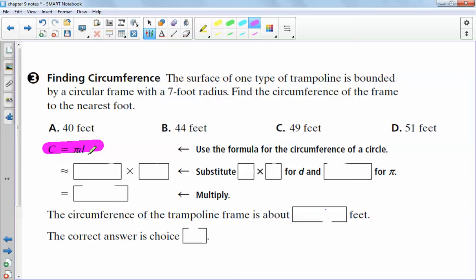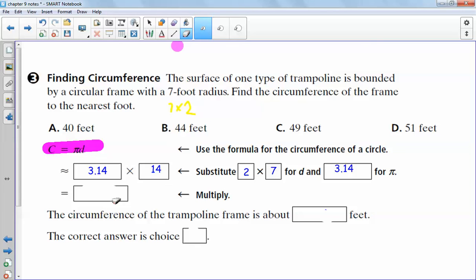I know the circumference is equal to pi times diameter. So we know pi is 3.14, and if it's a 7-foot radius, we know that 7 times 2 is 14. So what's our diameter? 14. And that's what that says there.